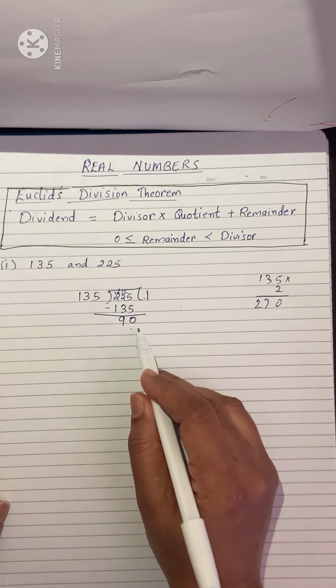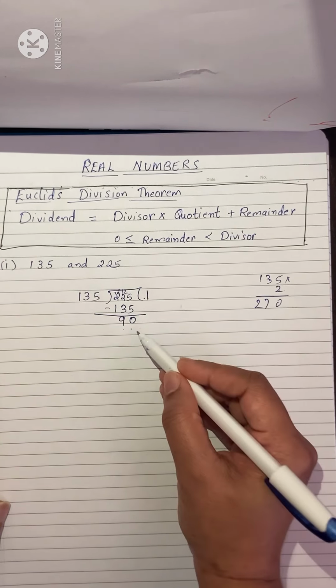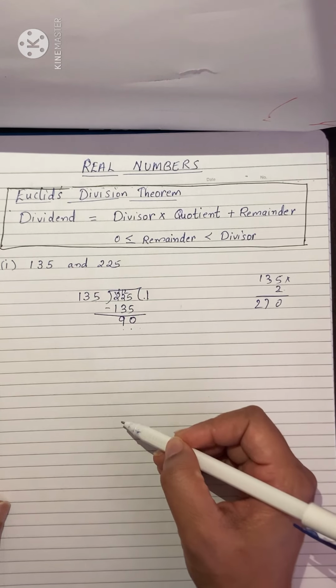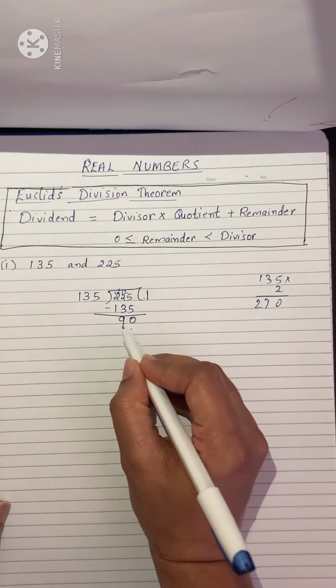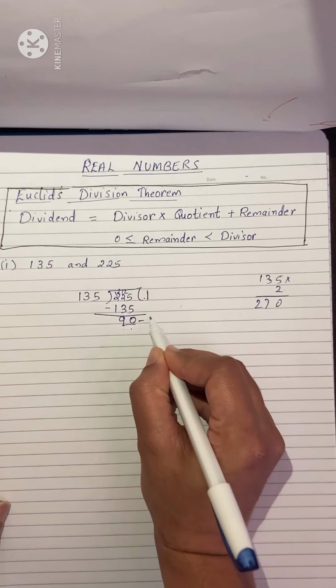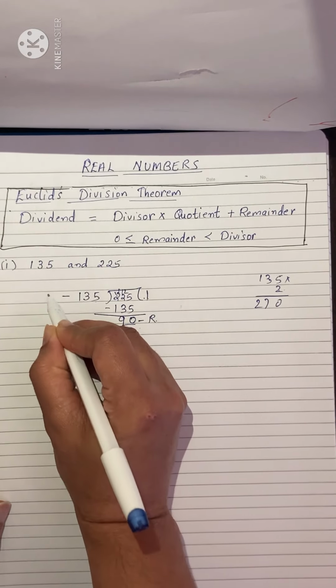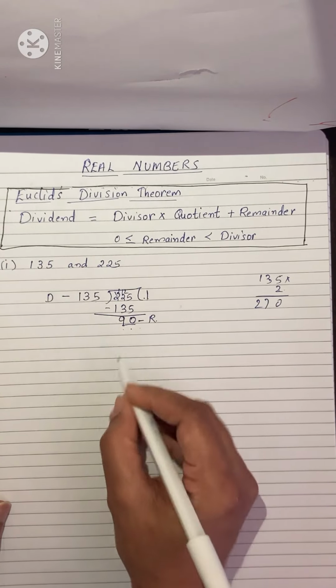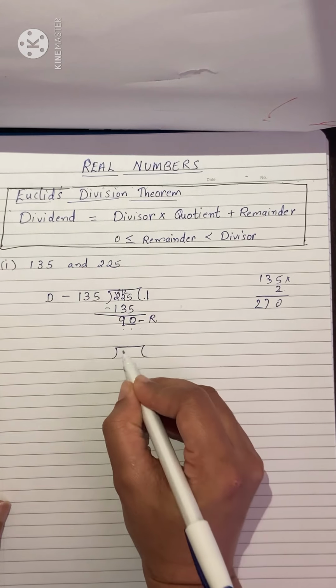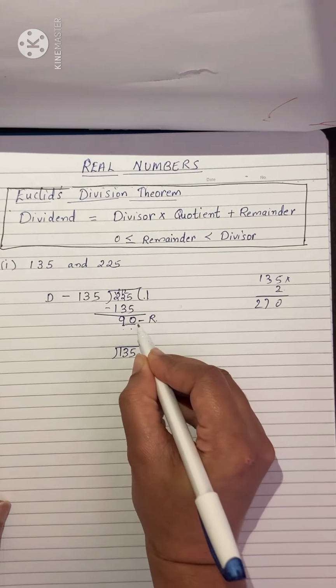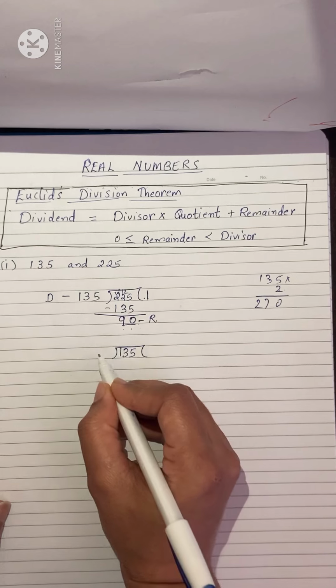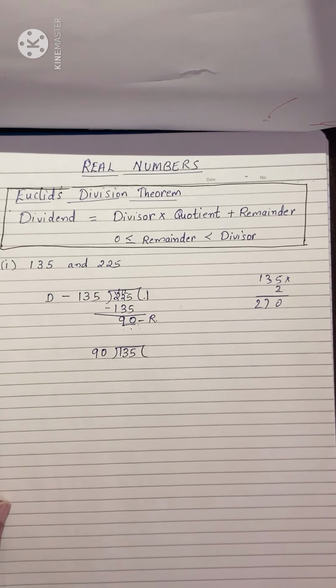Here remainder is not equal to 0. So we have to divide until we get the remainder 0. Now we have to take this remainder and this divisor. This divisor will become dividend 135 and this remainder will come as divisor.